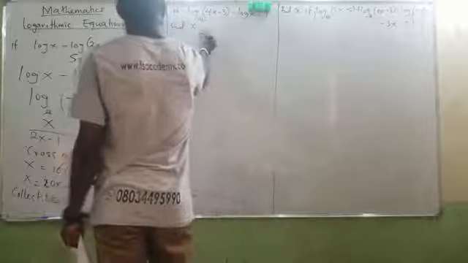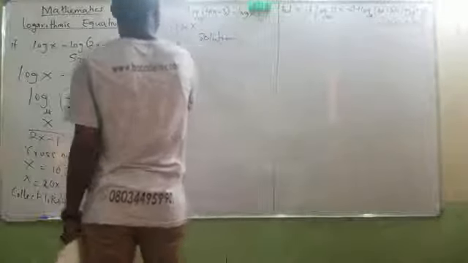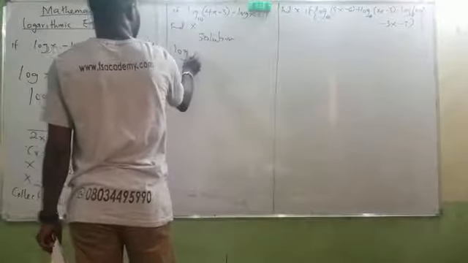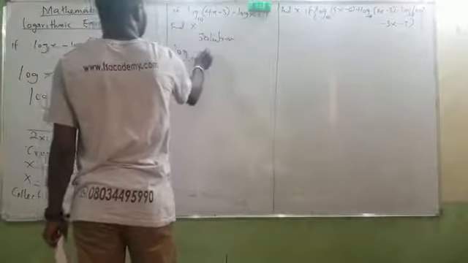Look at this also, the same way. Solution: log base 10 of (4x minus 3) minus log x equals 1. Because of the minus, I associate them together, and it will be base 10. This is base 10 also, and don't forget, if I have log, the same thing is in base 10.